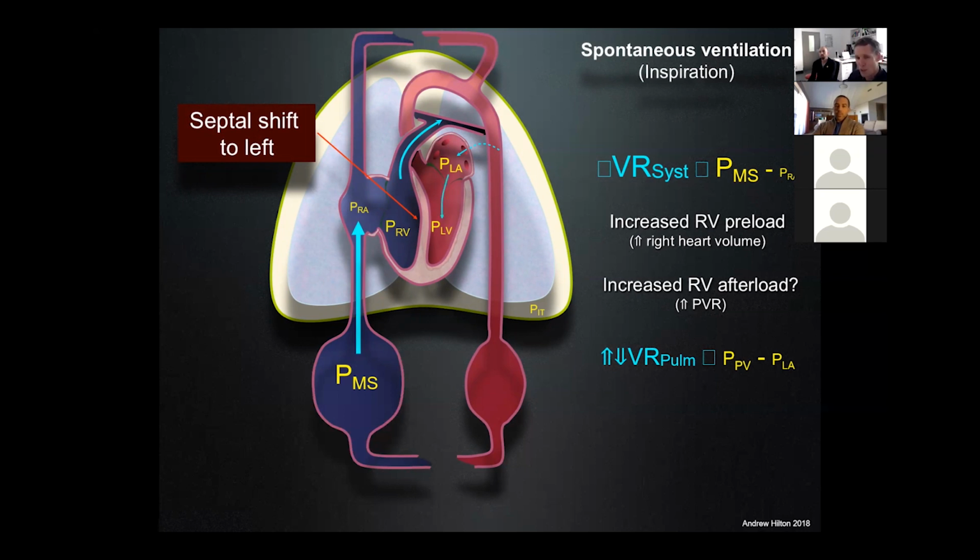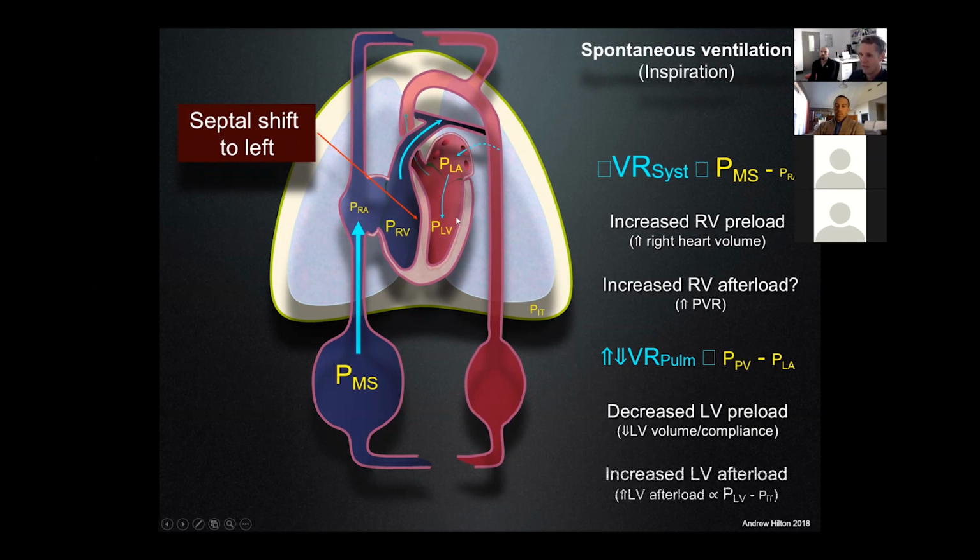If you reduce your flows into your left ventricle, we then will reduce our output from there. So decreased LV preload reduces the LV volume, decreases the compliance, and that can reduce the output. As well as that, we can also increase the LV afterload because of the pressure difference between inside the heart and outside the heart.